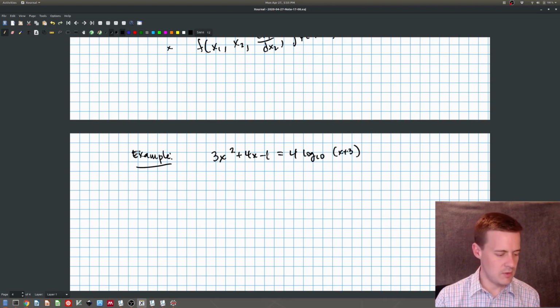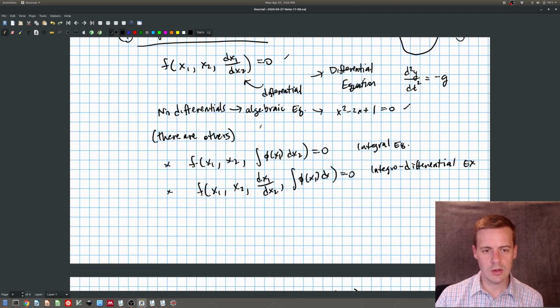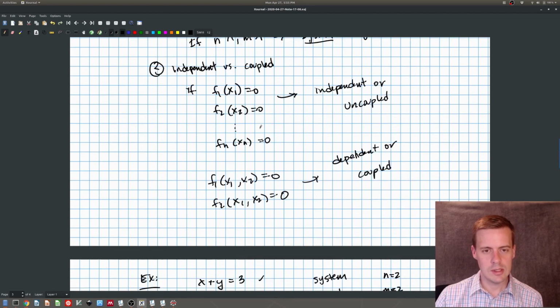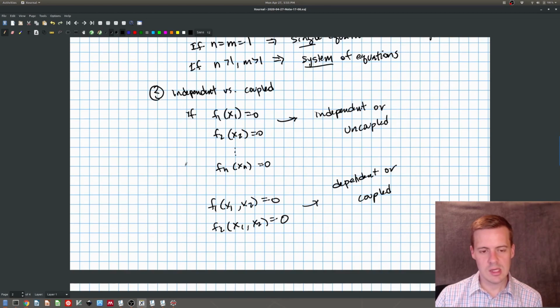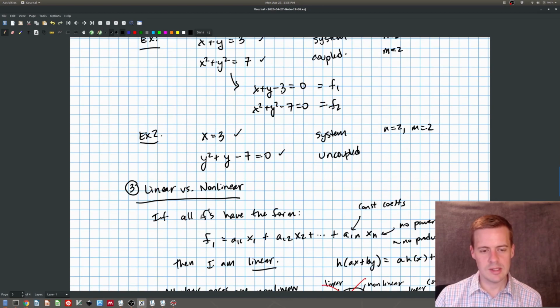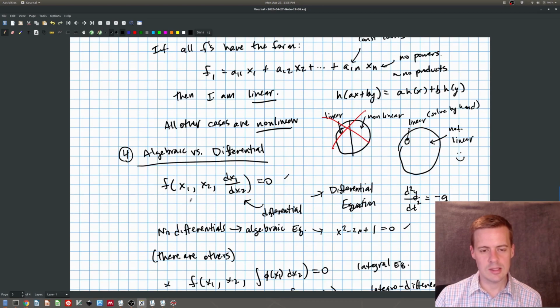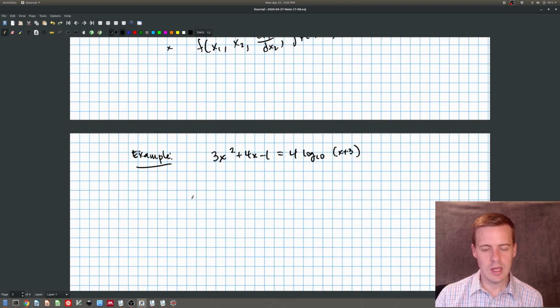Suppose we have this, label it according to these 4 categories. Is it a single equation or system, independent or coupled? Is it linear or nonlinear? And is it algebraic or differential? Pause the video and answer that for yourself.